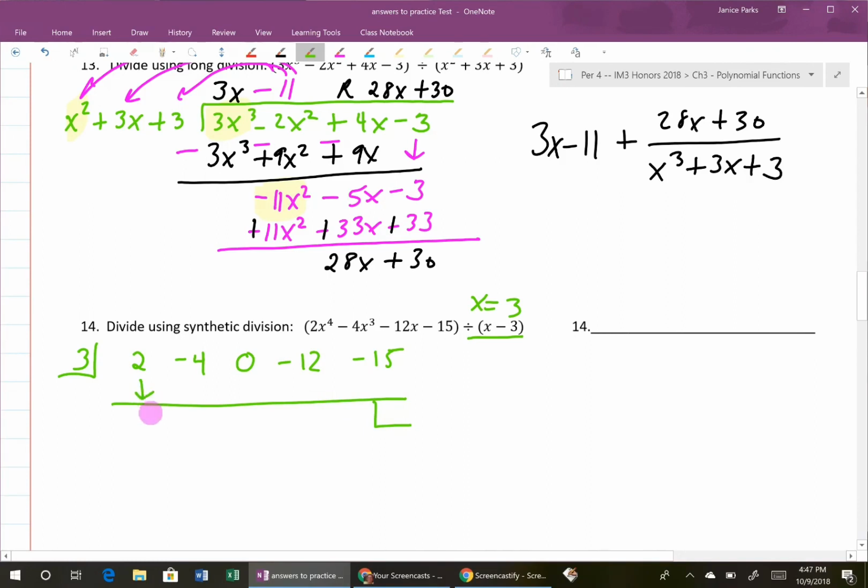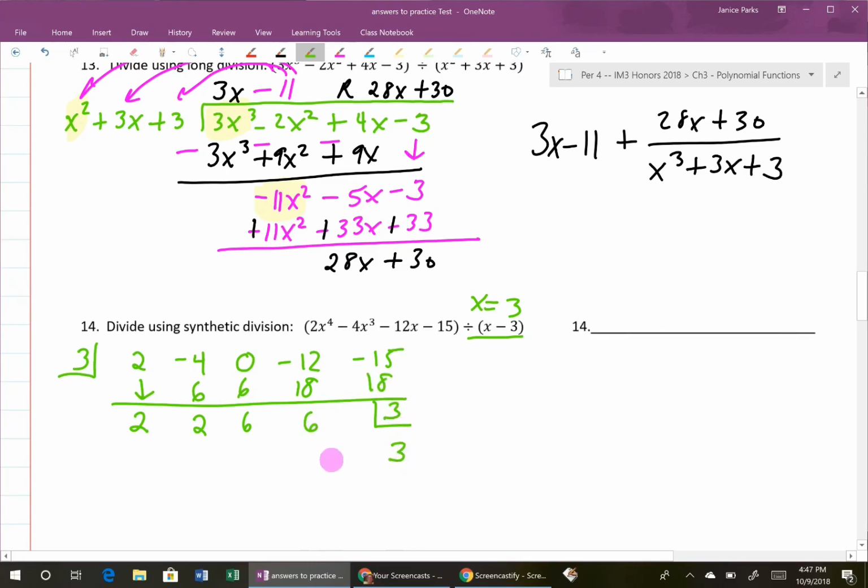So we bring this down, that's 2, multiply by 3, add, multiply by 3, that gives us 6, add 0 and 6, multiply by 3, that gives us 18, that gives you a 3.